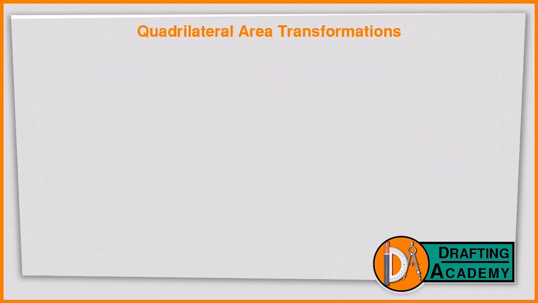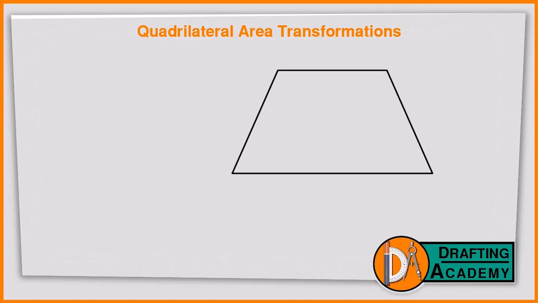After you're comfortable with the fundamental area transformations, you now need to understand how quadrilateral area transformations are done. On screen, I'm going to use a trapezium to explain the concept. When we have a trapezium that has been constructed like this, the first thing we'll have to do is extend our base on one of the sides. Here I'm extending the left side. After we make that extension, we're going to join two vertices of this figure that we have.